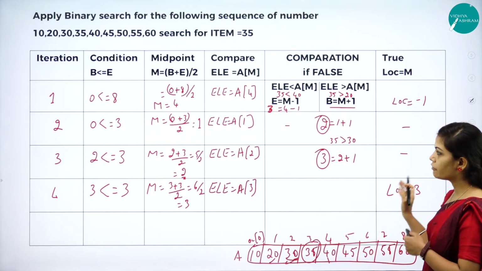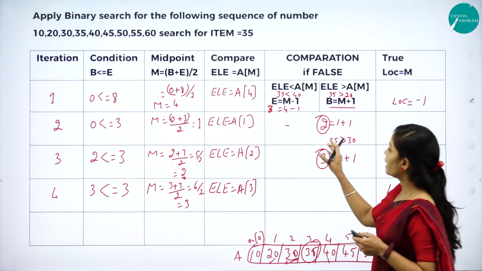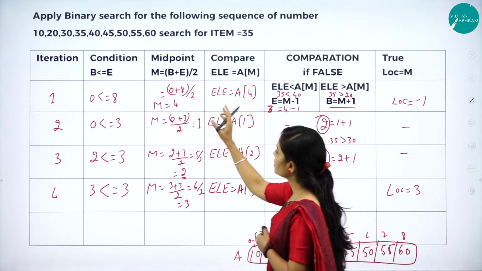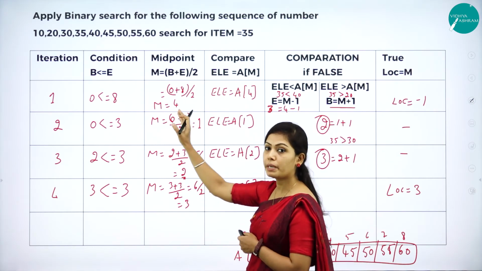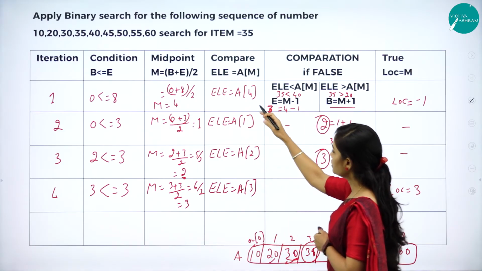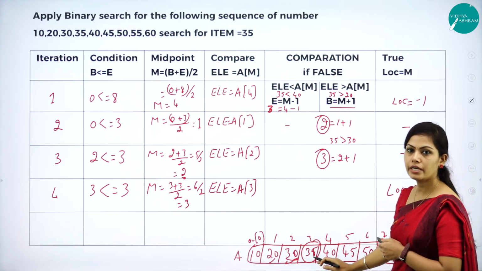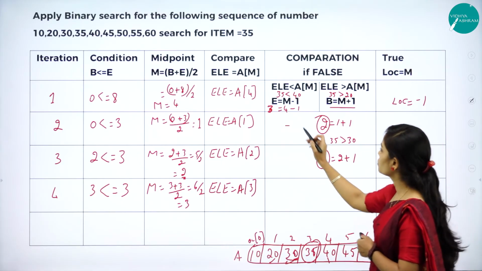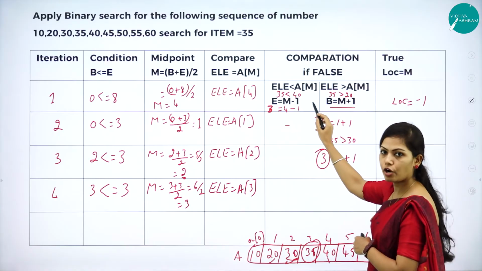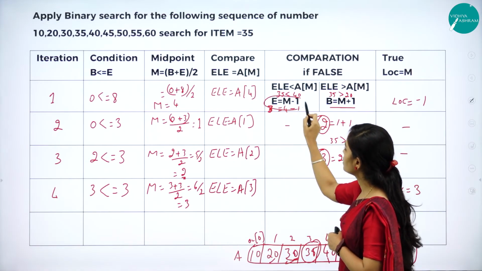So in each and every step we have to find the value of B, that is beginning value, and end value and midpoint value. Mid is equal to B plus E by 2. Use this formula, easily you can find the position of each and every element. So E is equal, you have to reset the value. If your element is less than A of mid, you can use this reset value.